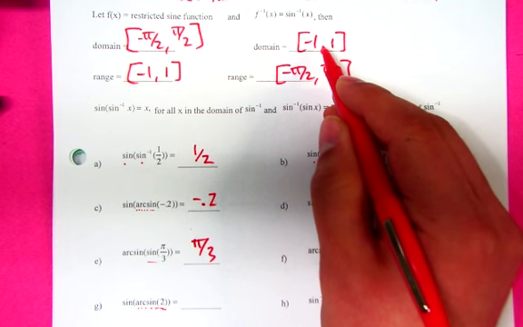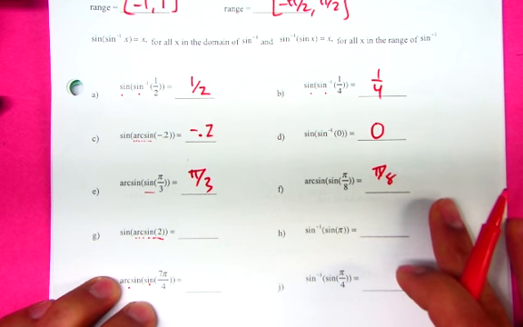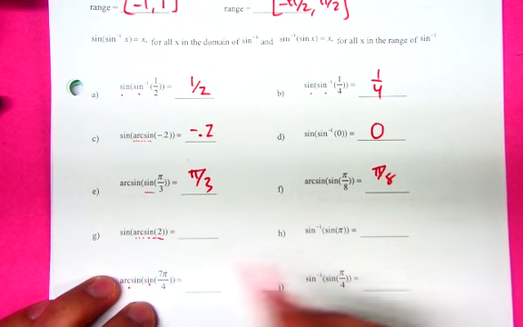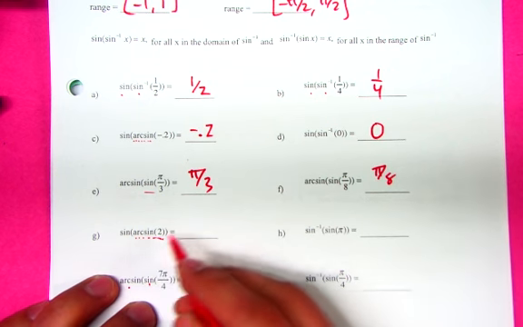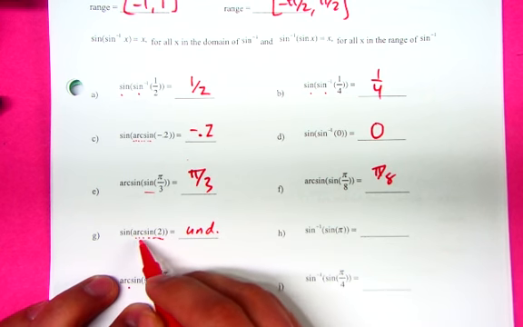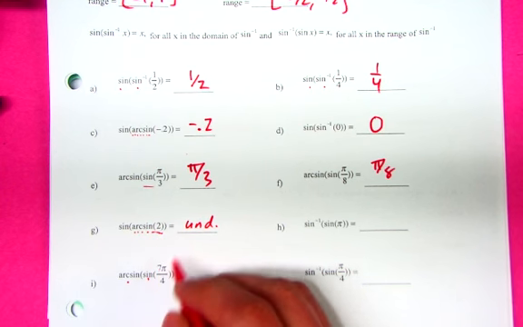So that presents a problem. We have two choices. Either it's impossible, so we write undefined, or we try to actually figure it out. This is impossible. We've talked about this: there's no such thing as an angle that has a sine of 2. So this one is undefined.